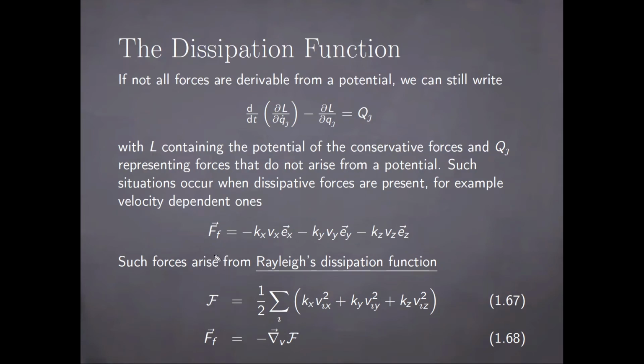And it is clear from these definitions that the velocity-dependent force is minus the gradient of the dissipation function, but it's a gradient with respect to velocities and not coordinates.